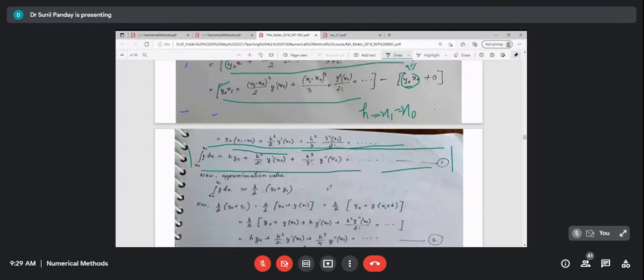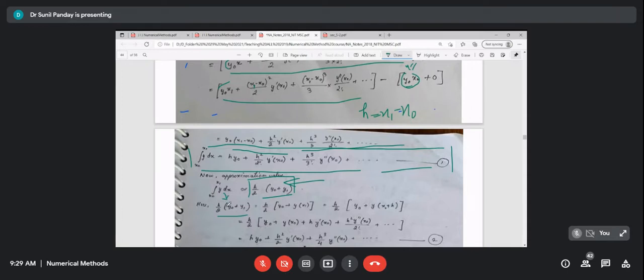Now what are we doing? We are approximating this by this formula. In the trapezoidal rule, each sub-integration is approximated by this formula. So the approximated value is this one.